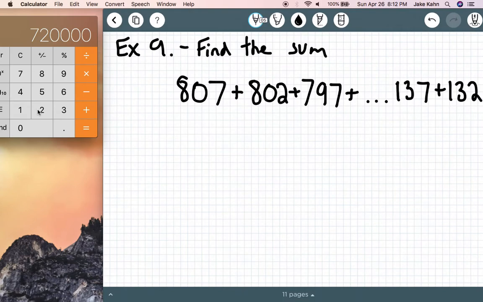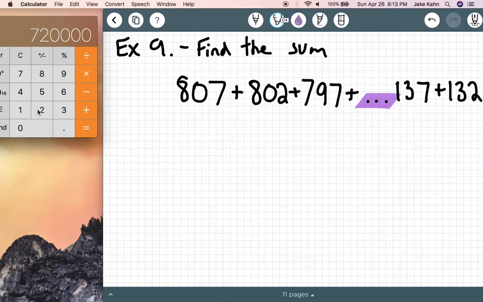All right, so it says here, find the sum. And now we have a list of numbers. It's not just 5 terms though, because we have this ... here, right? So we need to find the sum of this series. It says 807 plus 802 plus 797 plus ... plus 137 plus 132.